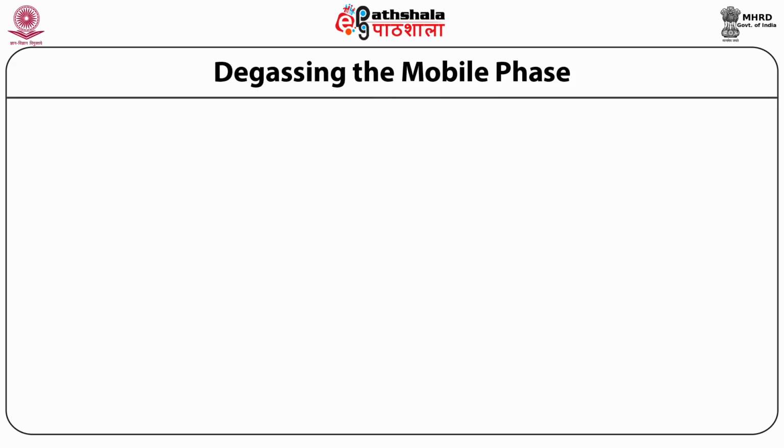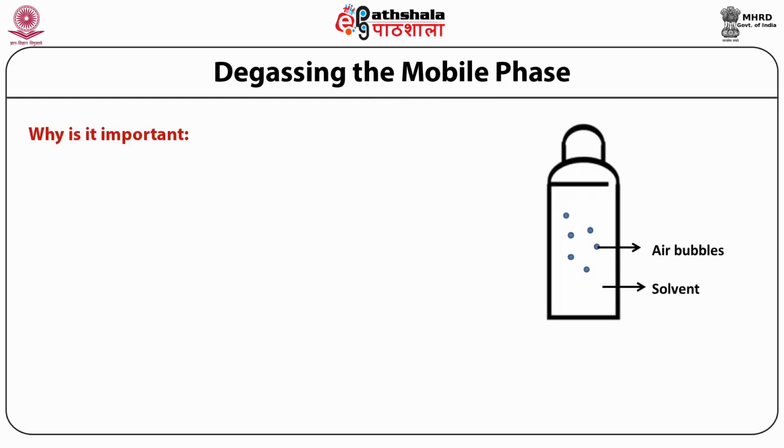Degassing the mobile phase. Degassing is an important action performed prior to mobile phase delivery into the HPLC system. Solvents remain in contact with the atmosphere and therefore essentially contain an equilibrium level of dissolved air.